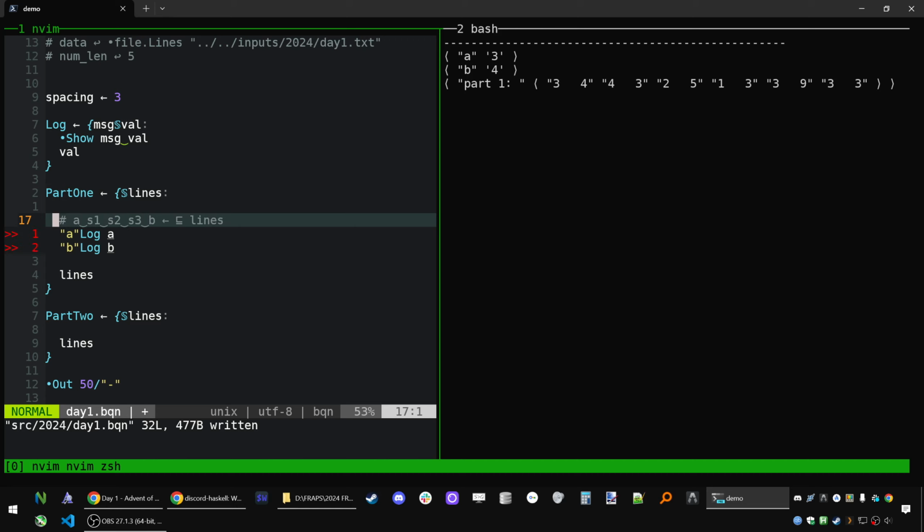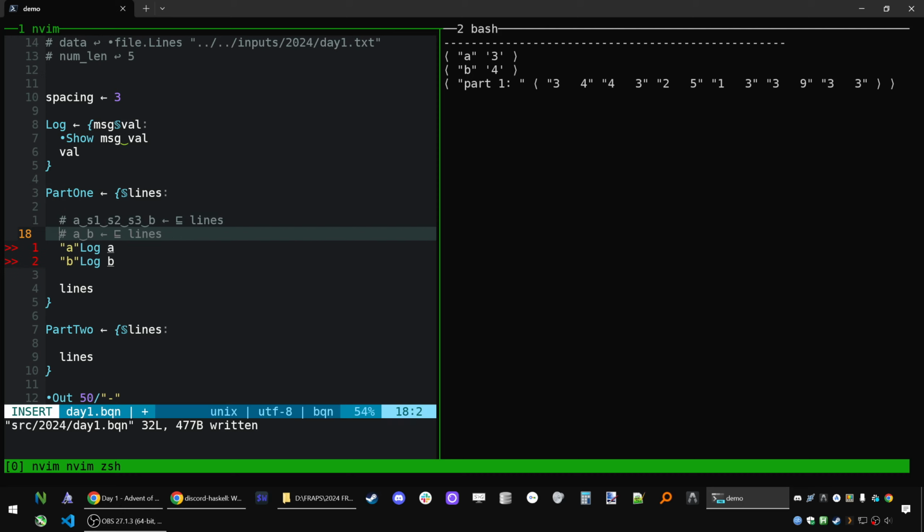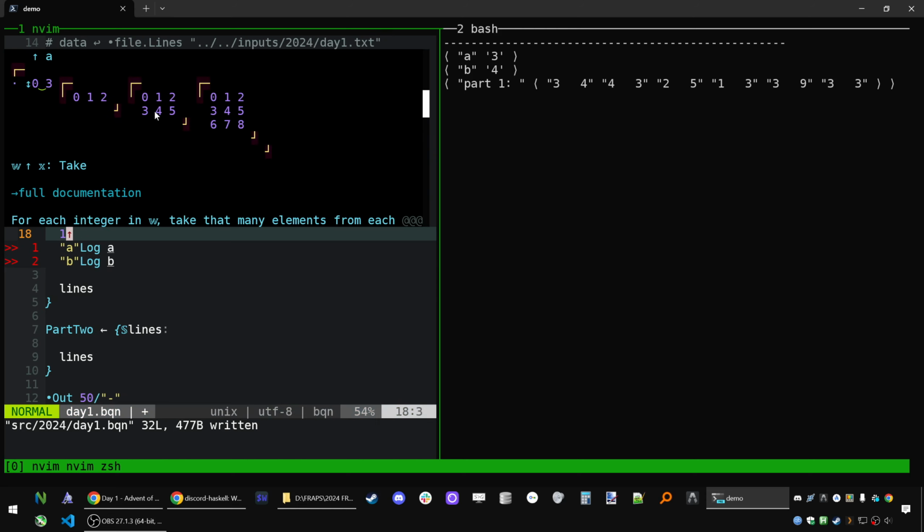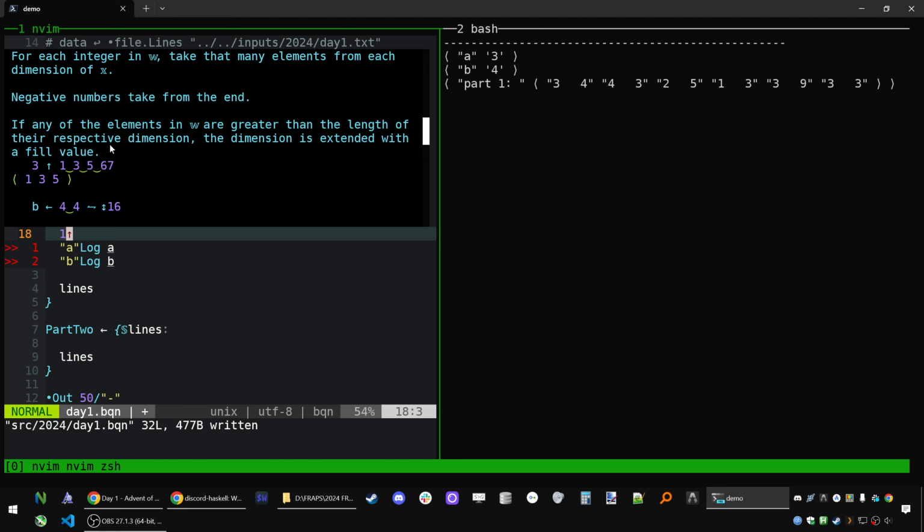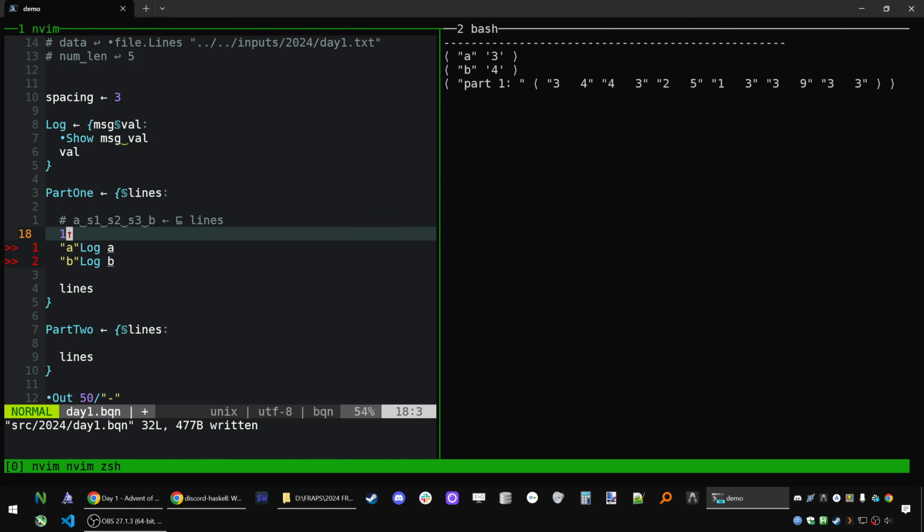It's too rough. I'm going to instead do the first lines. I'm going to take one, which is to say, grab the first that many elements. So the first one element is a. Oh, I can do it for the negative. That's it, perfect. Okay, so num length: take one num length.